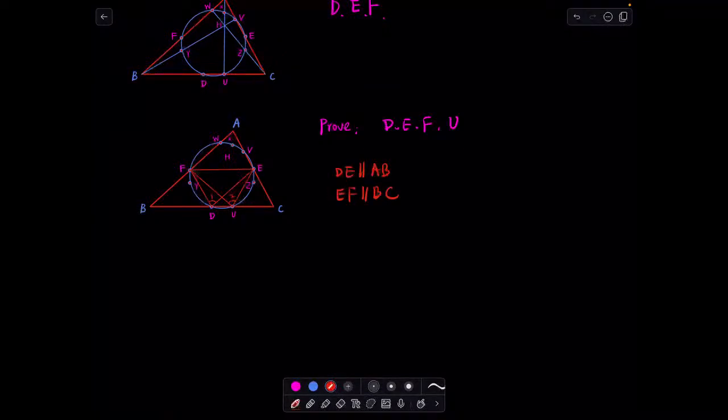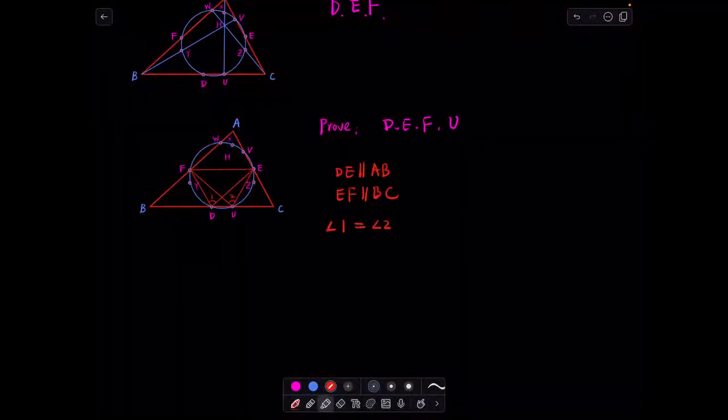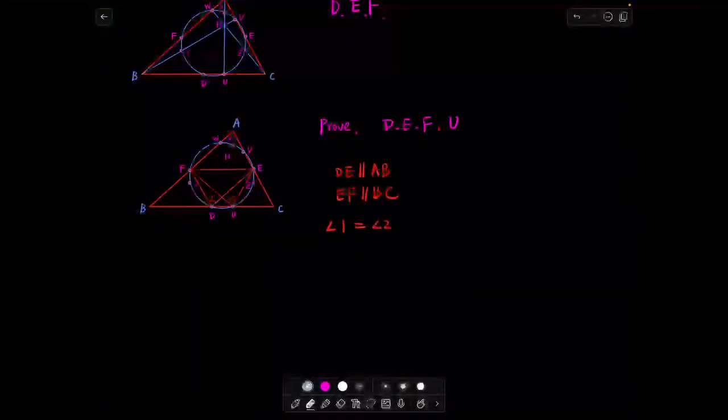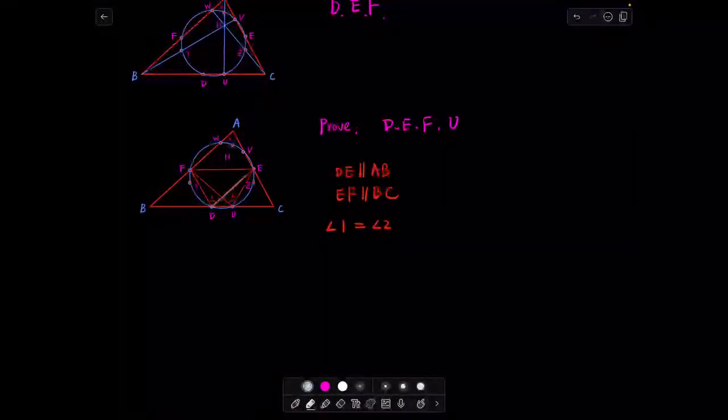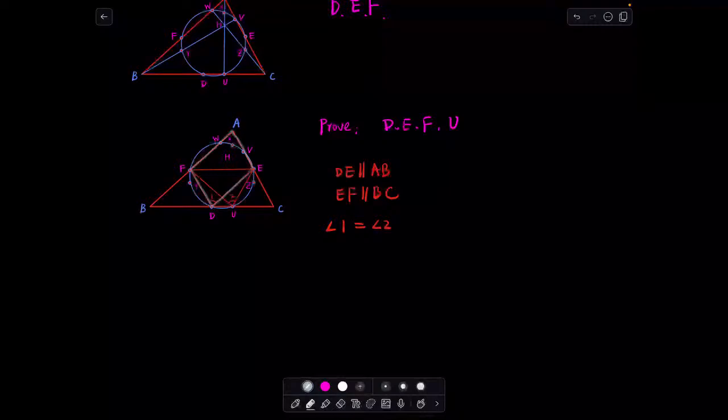So in other words, we need to prove angle 1 equals angle 2, right? This particular figure here is a parallelogram, which means DF is parallel to AC, and DE is parallel to AB.